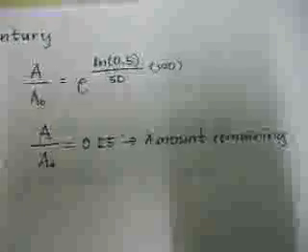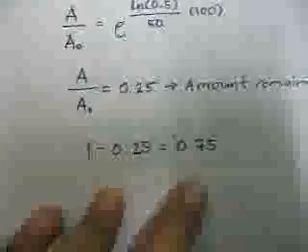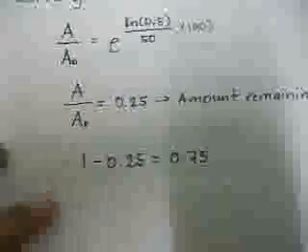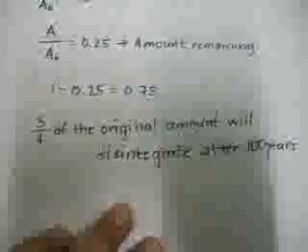So in order to find the amount that has disintegrated, we need to subtract 0.25 from 1. So we are left with 0.75. So this means that after a century, 3/4 of the original amount of the substance disintegrates.